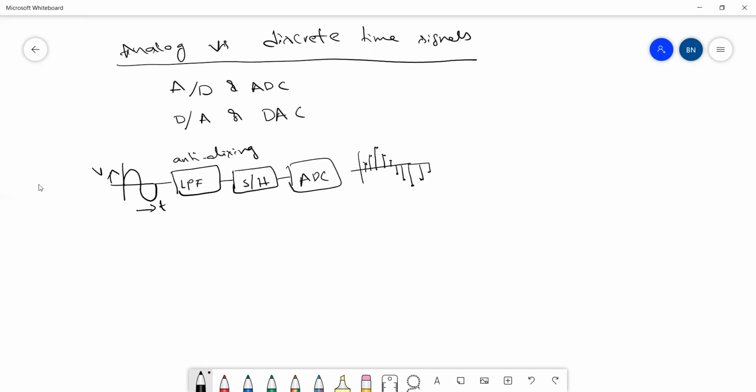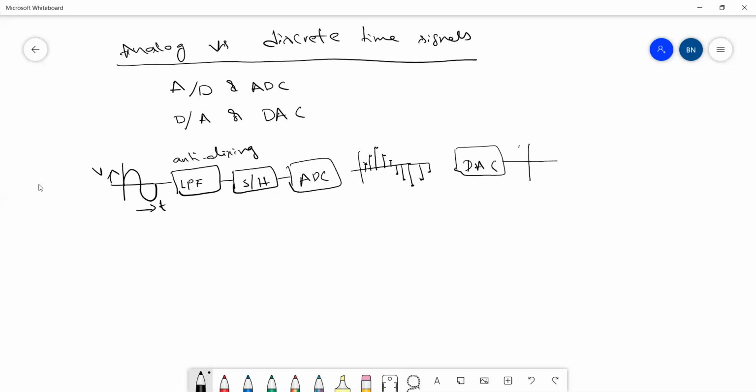Now again, if we want to convert this digital signal into the analog signal, we have to use the DAC, that is the digital to analog converter. Once we give this digital signal to the DAC, the output of the DAC will look like a staircase signal.